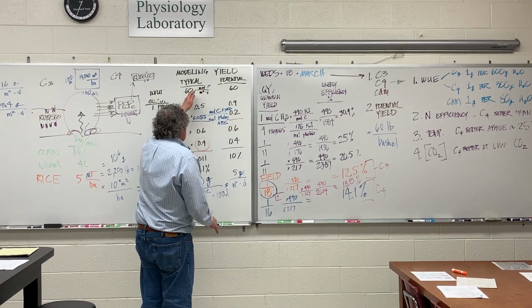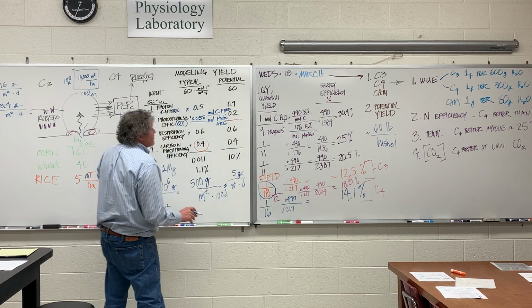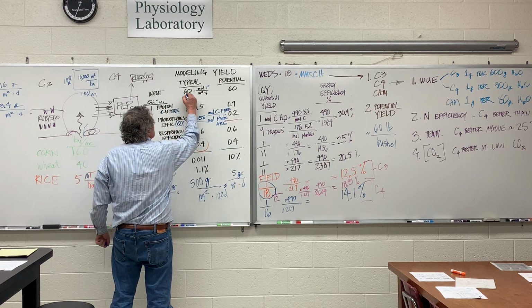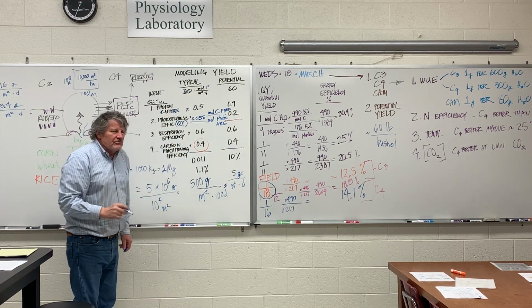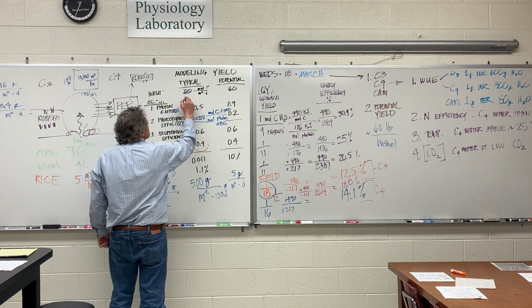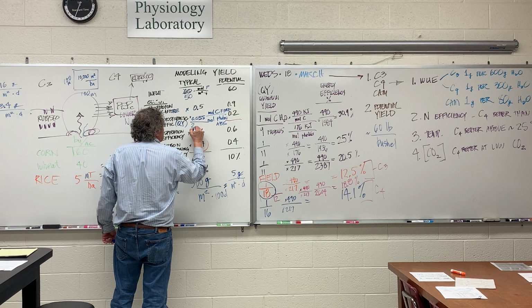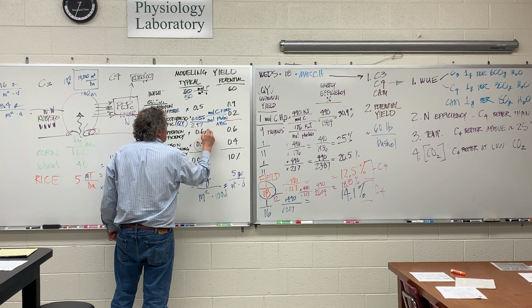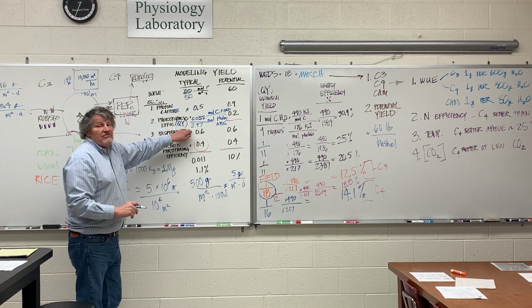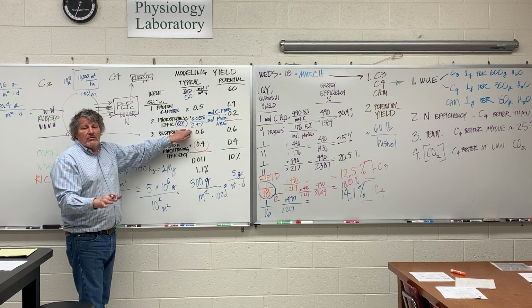In this, the realistic is on the left, and on the handout it's on the right. But I assume not every single day is perfectly sunny, so let's assume 50, and this becomes 2.97 moles of carbon fixed per meter squared per day.